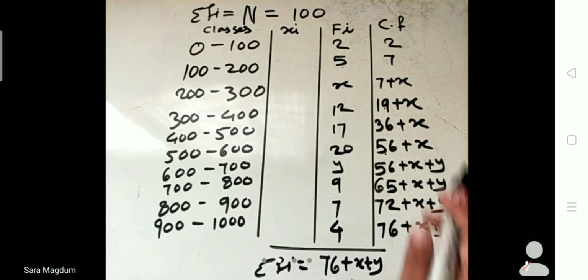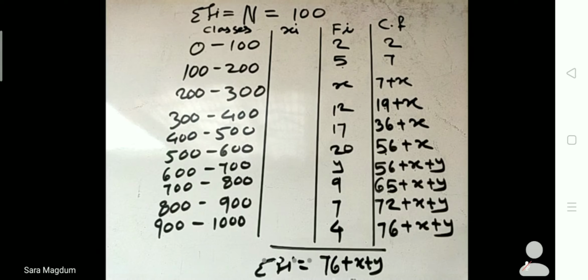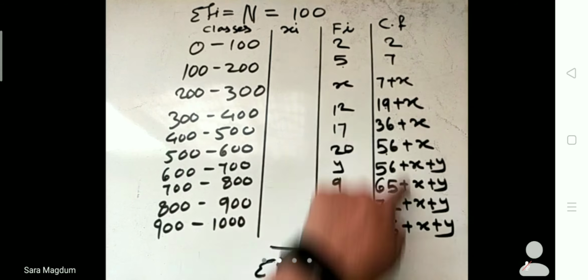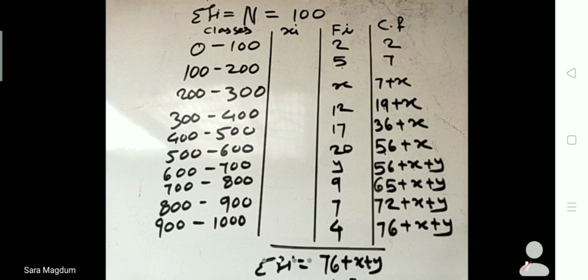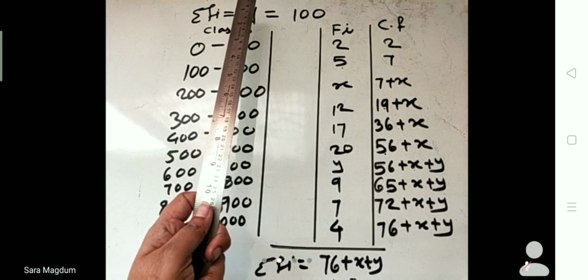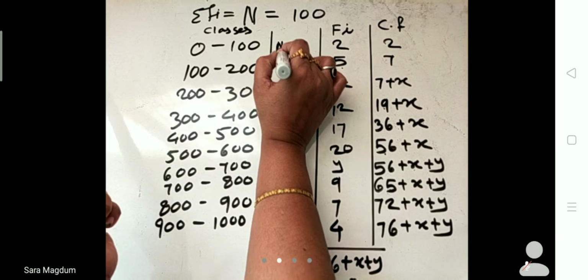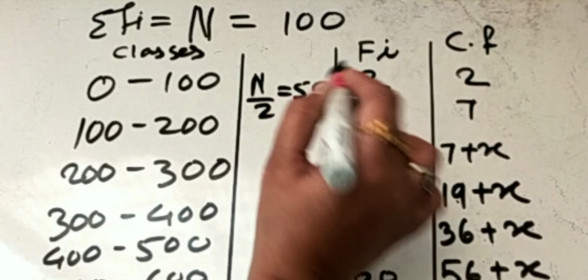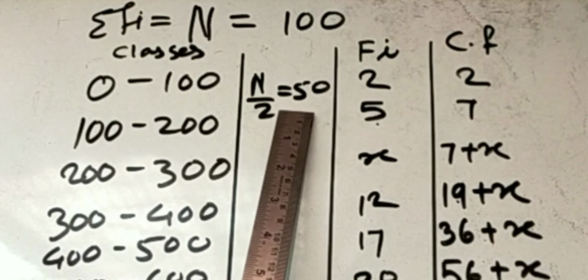So by the given data, we will write summation of fi. As we know, capital N is 100, which means N by 2 will be 50, right? Yes, N by 2 is 50.